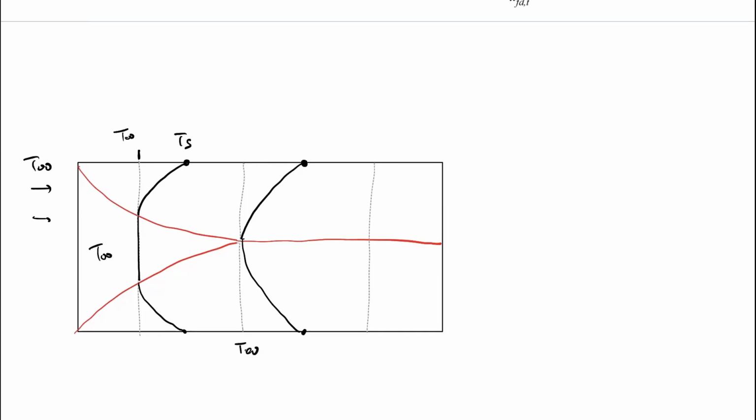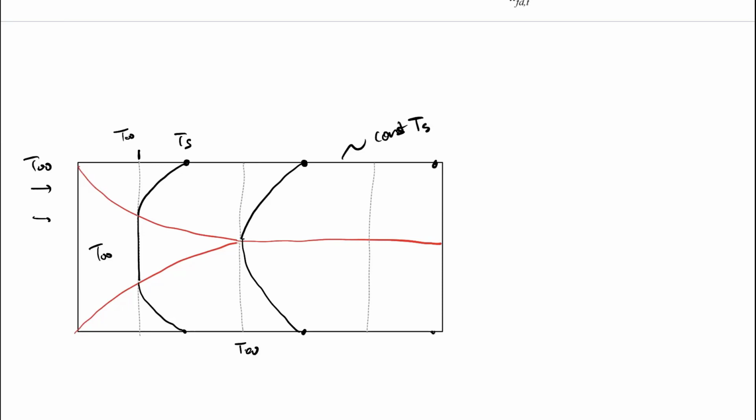So what happens though as we go further along in X? It's not that this temperature profile becomes fully developed. It doesn't. We actually continue to add heat up to the point where the entire flow is going to be at Ts if Ts is held constant. And so this is assuming a constant Ts.